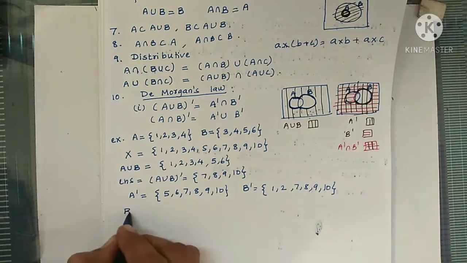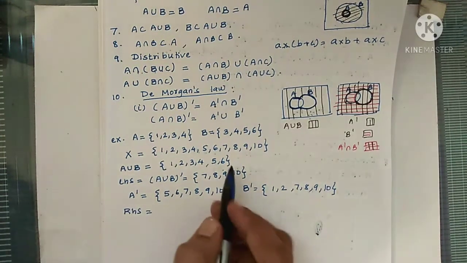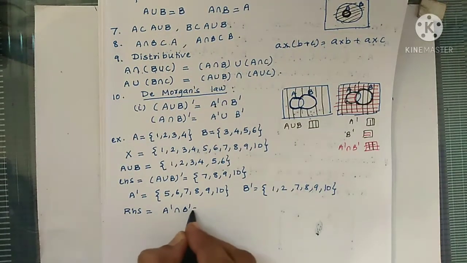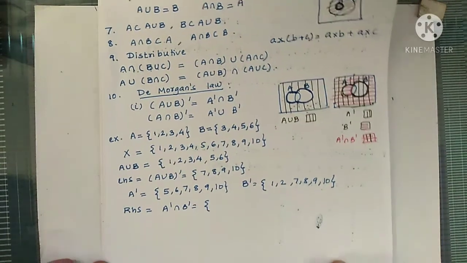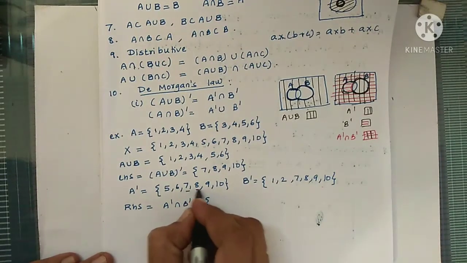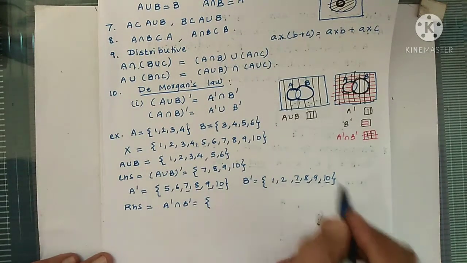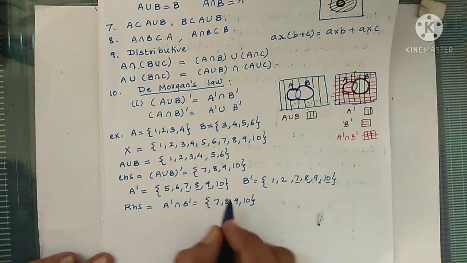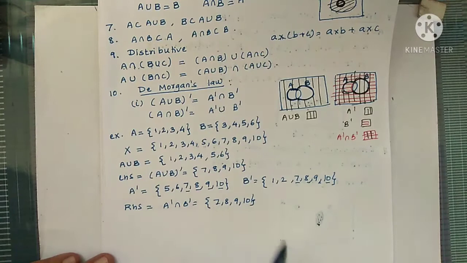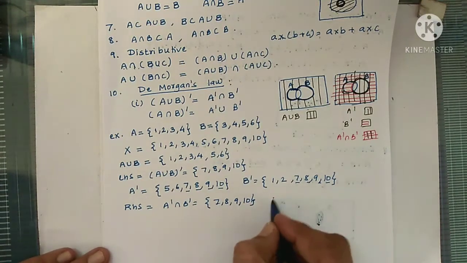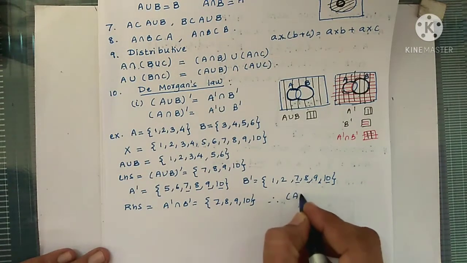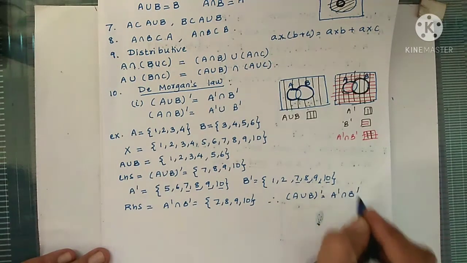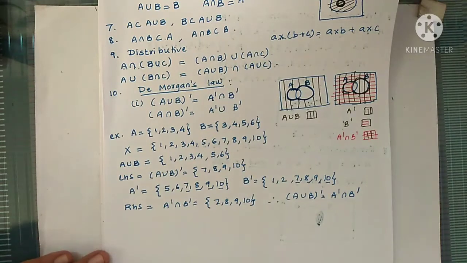Now the right hand side is A dash intersection B dash, that is the common elements of A dash and B dash, which are 7, 8, 9 and 10. So the left part is 7, 8, 9, 10 and the right is also 7, 8, 9, 10. Therefore the conclusion is (A union B) dash is A dash intersection B dash.